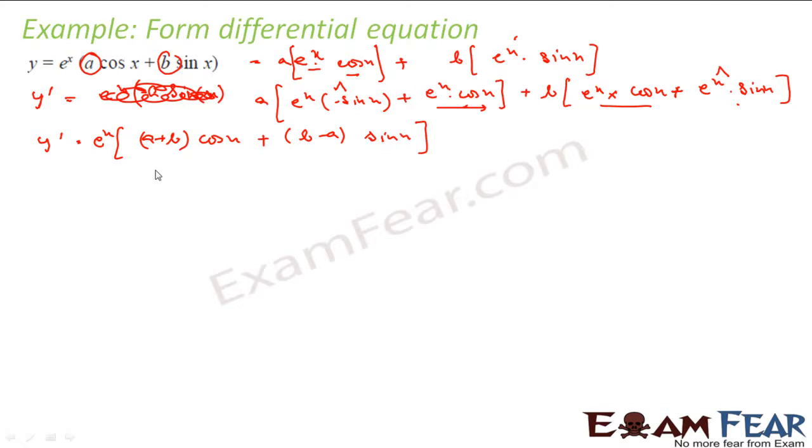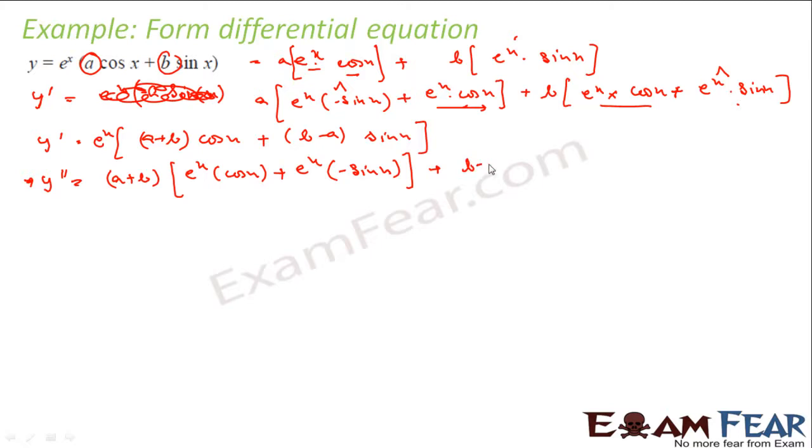So for y double dash, if you see, it's almost the same as this. Here it is a plus a and b, here it is a plus b and b minus a. So let's just find y double dash first. Y double dash will be, in this case, you have a plus b common, e to the power x cos x. First you differentiate e to the power x, that becomes e to the power x, cos x is constant, plus e to the power x constant, and cos x you differentiate, it becomes minus sin x, right?